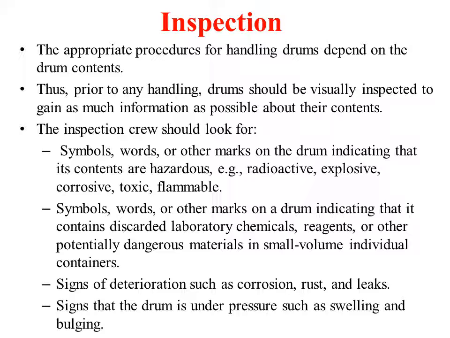They should also look for deterioration, whether the container is corroded, if any rust or any leaks are there in the container. And they should also look at the drum for any signs of swelling or bulging. All this will be done by the inspection team before handling the drums.